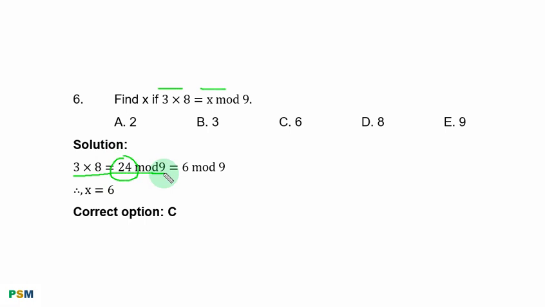To get the equivalent of 24, you divide it by 9. When you do that, the remainder is 6. We are interested in the remainder in modular arithmetic. So S is equal to 6. The correct option is C. If you divide 24 by 9, you have 2 remainder 6. So the remainder is recorded.